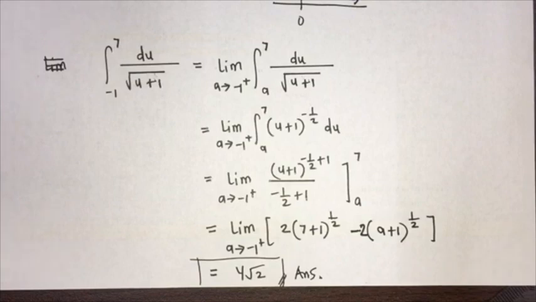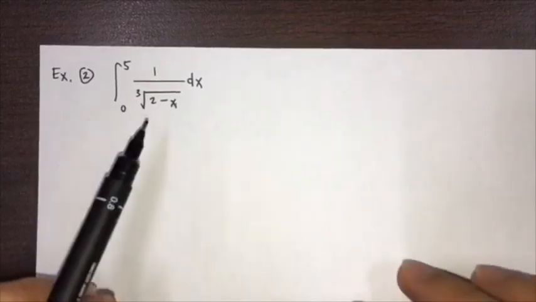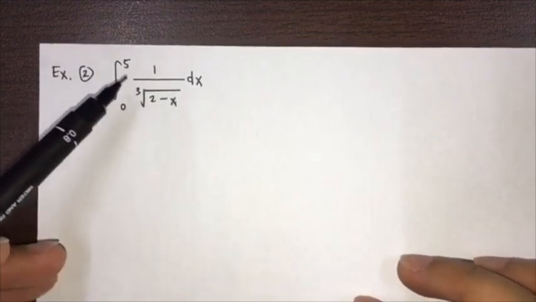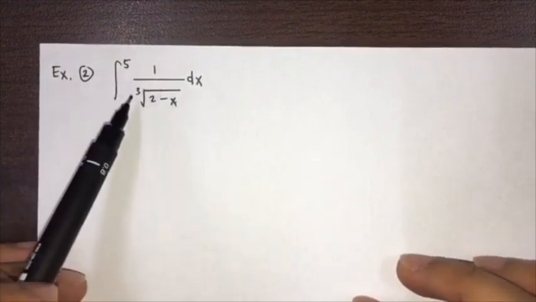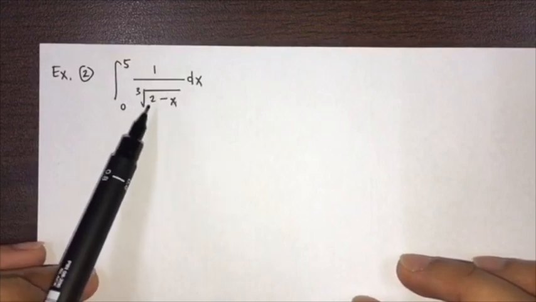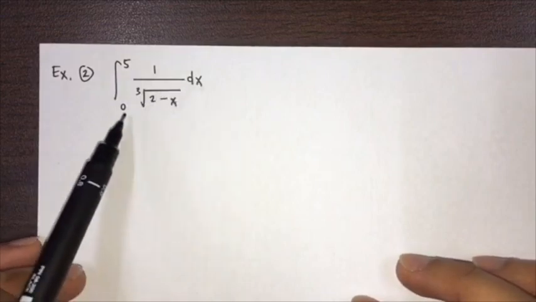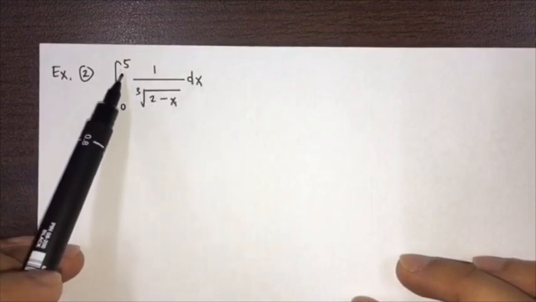Okay, so let's have another example. For our next example, we have the integral of 1 over cube root of 2 minus x dx from 0 to 5.